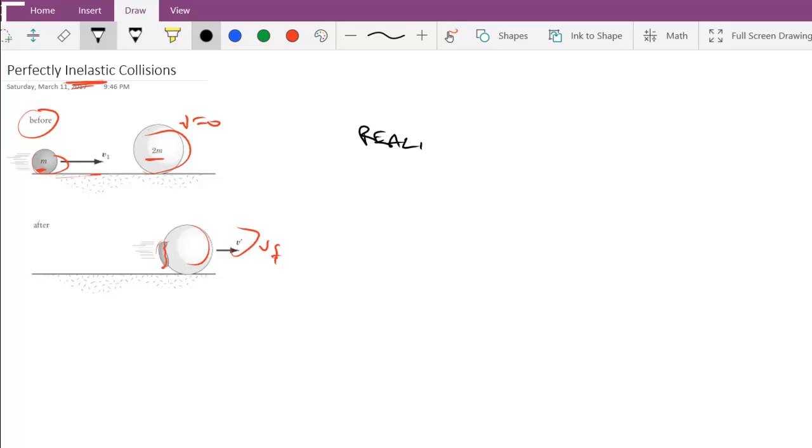So real collisions are partially inelastic.